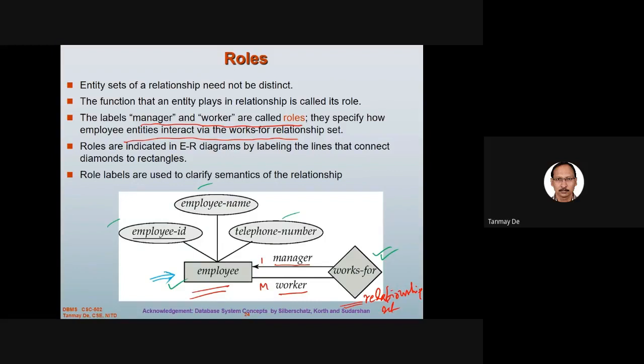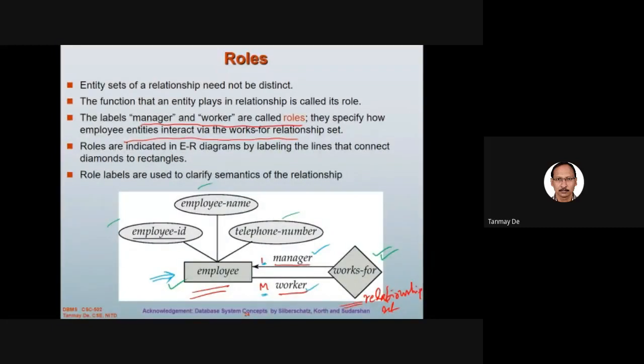So this worker works for a particular manager. Is it that? So that can be described by this ER diagram, and the role is labeled here, worker and manager. And why is it many to one?